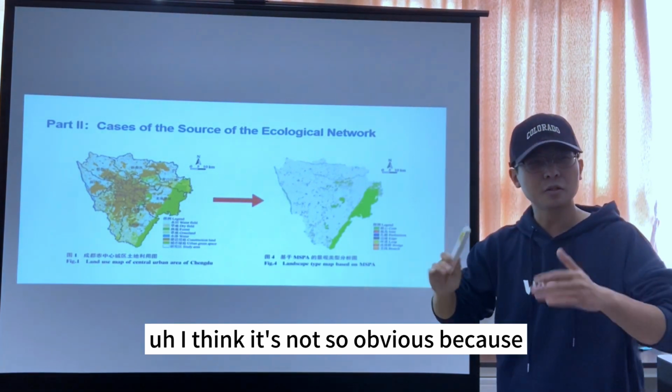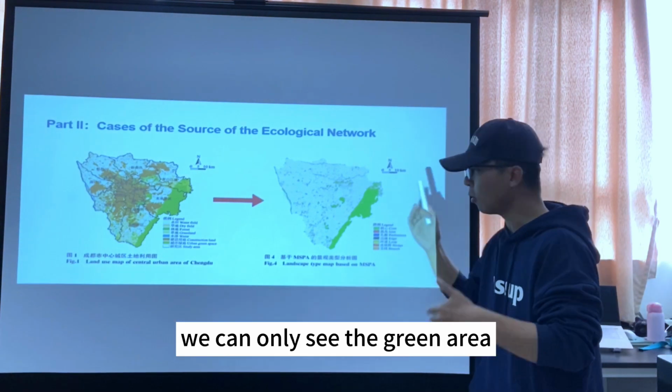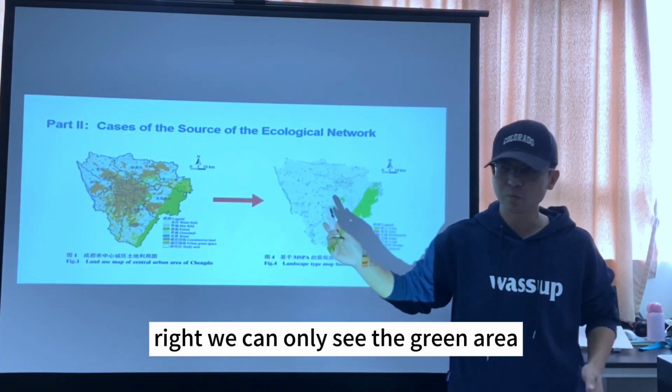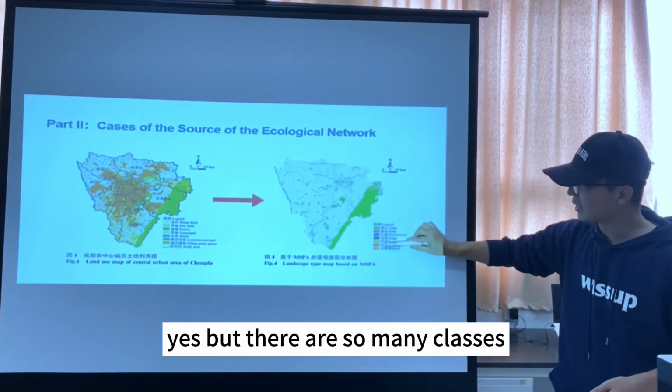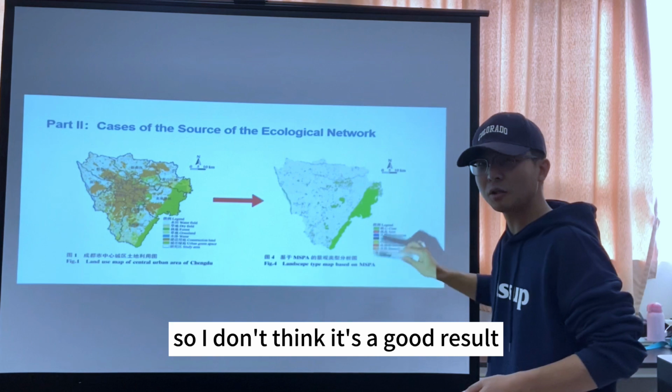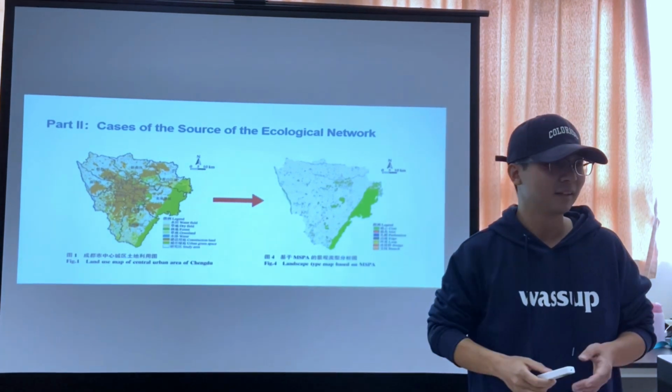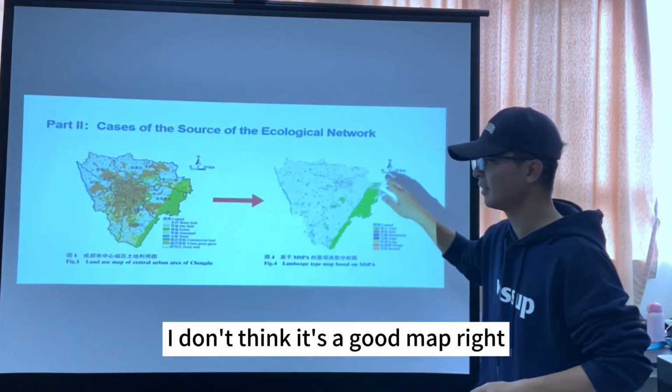I think it's not so obvious because we can only see the green area, yet there are so many classes. So I don't think it's a good result.